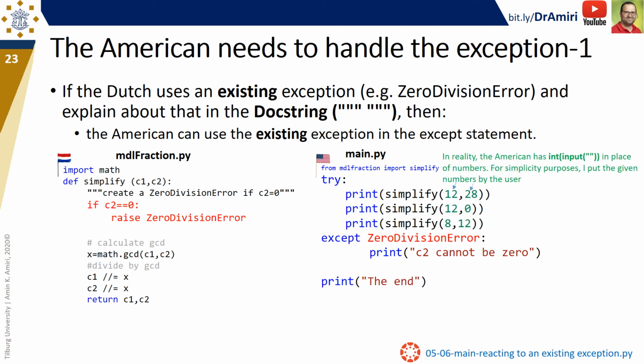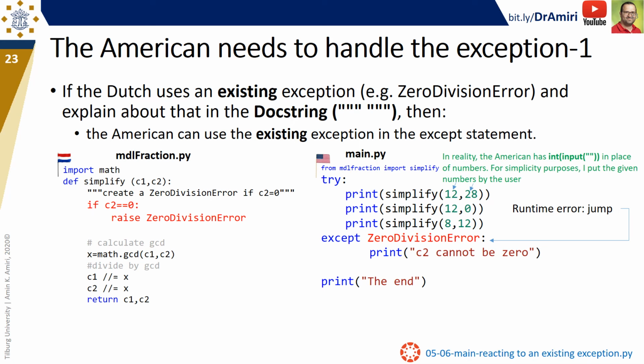However, just note that for simplicity, we didn't use int input. We just directly use the numbers so that the program can be easier to understand. Keep that in mind. So if the runtime error occurs in the second line, as we learned in lecture 3, the program jumps to the ZeroDivisionError part and it prints C2 cannot be zero.